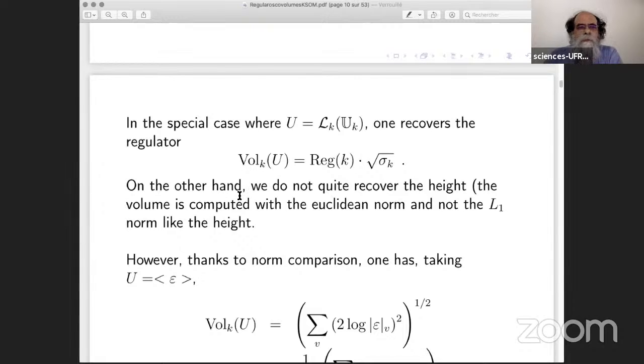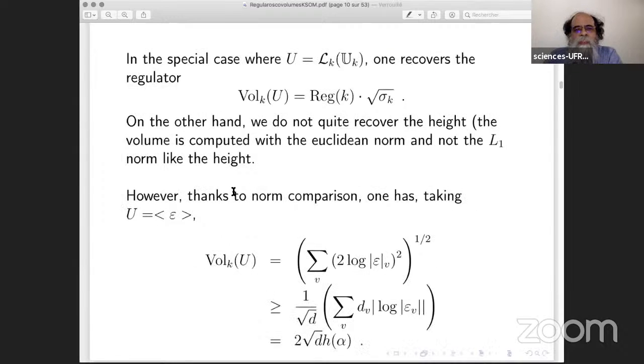And you also recover the height, but not the Weil height that I described to you. Instead of that, you recover the L2 height of the number alpha, which is that you take at the infinite places the square root of the sum of the squares of the conjugates.